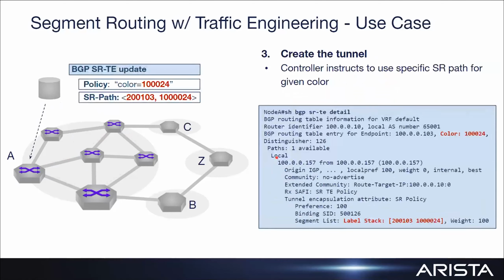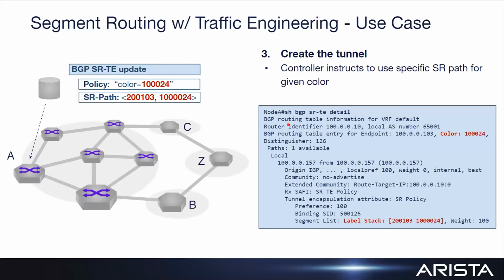Coming back to our headend node. After the controller has sent the BGP SR-TE update, we can check what we finally received in the SR-TE policy. As we can see in the CLI output, it's pretty simple.